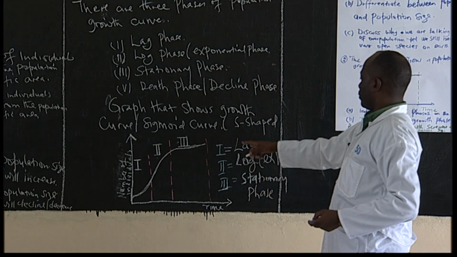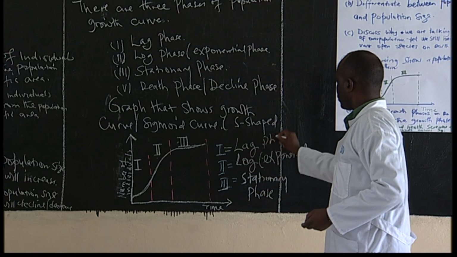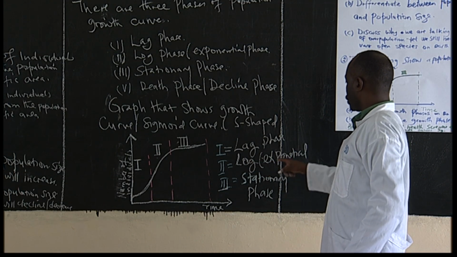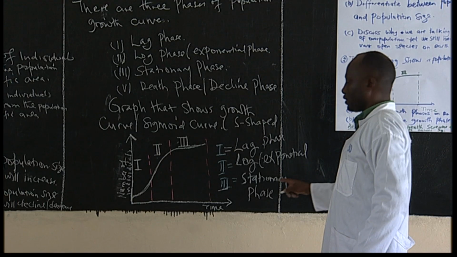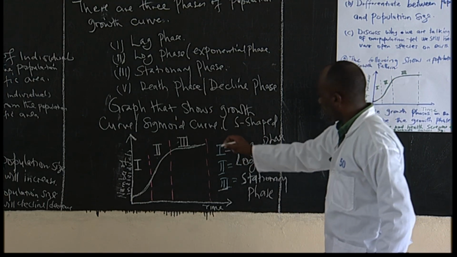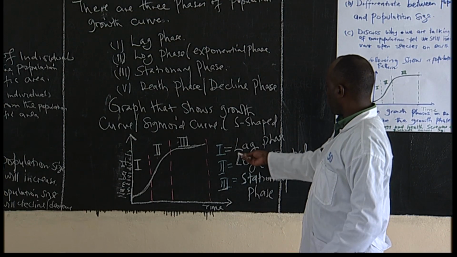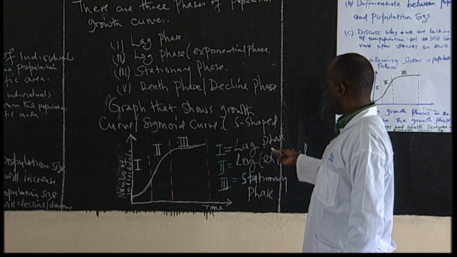Let me start with that. We have lag phase, log phase or exponential phase, stationary phase, and the last one, which is not mentioned there, the decline phase. So let me try to explain what happens in these phases.